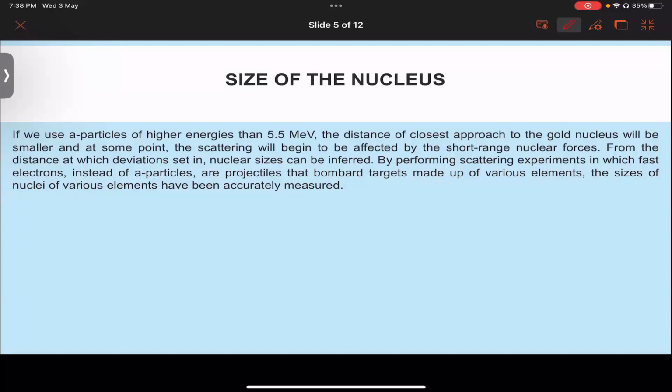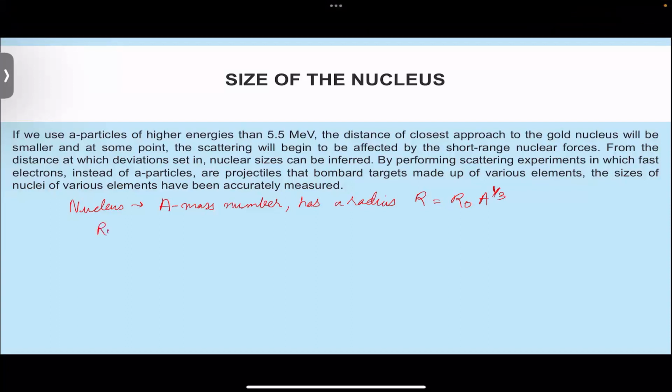What they found was that a nucleus with mass number A has a radius r, which is equal to r0 A raised to 1 by 3. Where what is your r0?